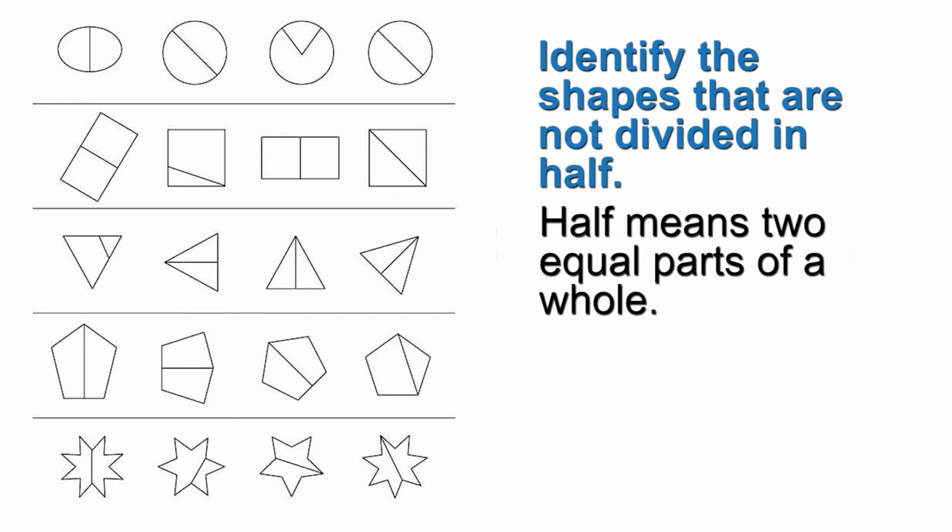Remember, you have to listen to the instructions carefully in order to get this correct. I know sometimes we get excited and we jump to do our work, but we have to listen carefully, look, and then we can identify. So look for all the shapes that are not divided in halves. Take your time, do that, and then I'll reveal the answer.